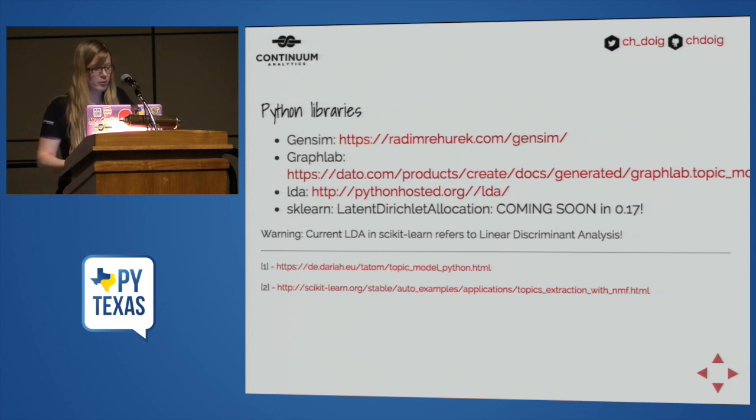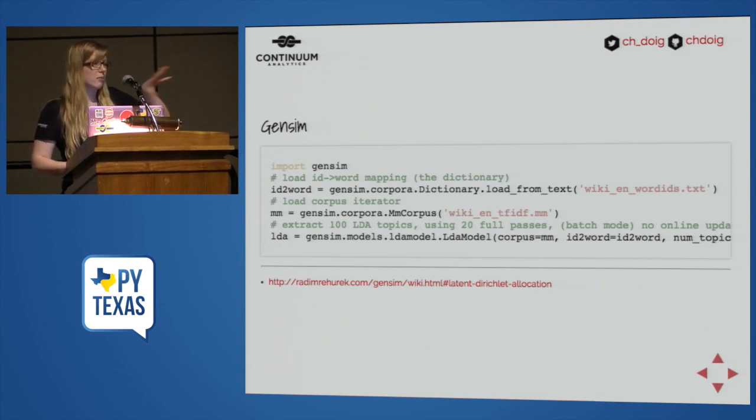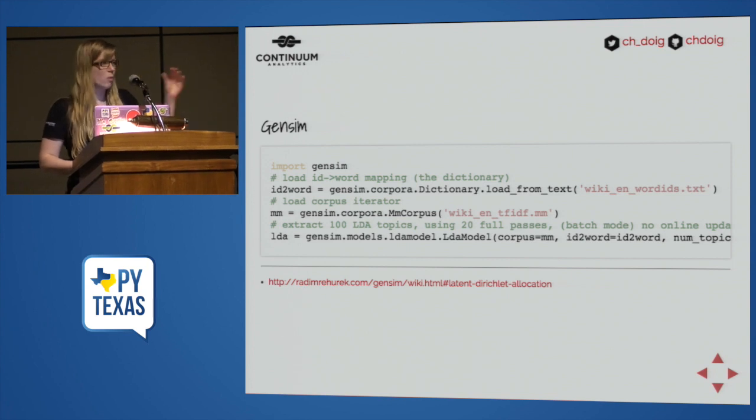So let's take a look. I've prepared a small example of each of those different Python libraries, and we can take a look and relate them to the first diagram. Keep that diagram in your head, so we know what arguments we can pass to the different implementations.